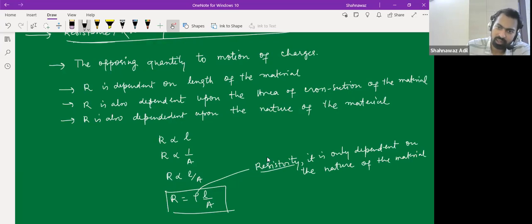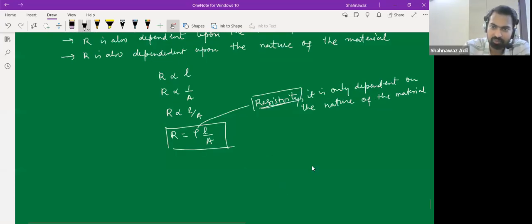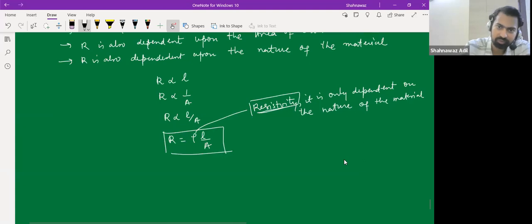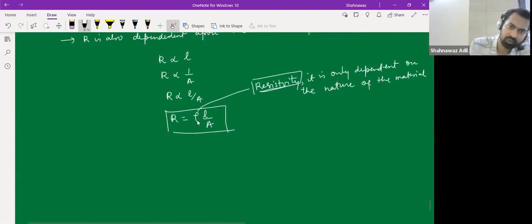Okay, so this is dependent upon temperature, right? Now we know how much is R. Okay, so how this resistivity is dependent upon temperature. But before we do that, let us do one question.